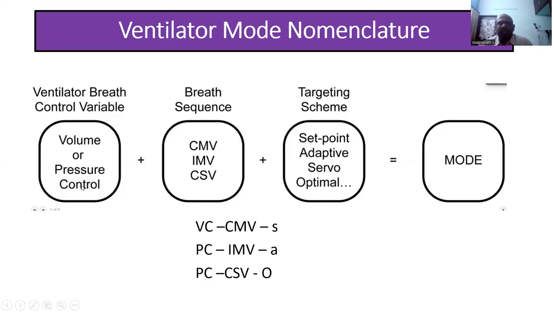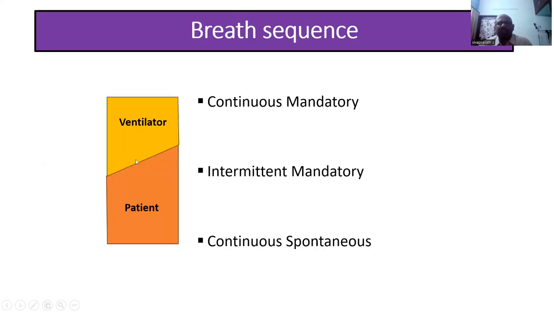Let us see about the breath sequence. The breath sequence can be continuous mandatory, when the patient has no effort at all, and it is controlled. Once the patient starts to have some effort, it is assisted modes. In the intermittent mandatory modes, the demand valve opens during the in-between breaths, and the patient is allowed to take some free breaths when he is recovering better.